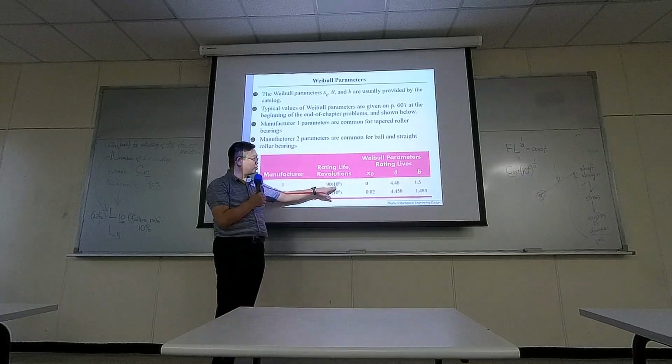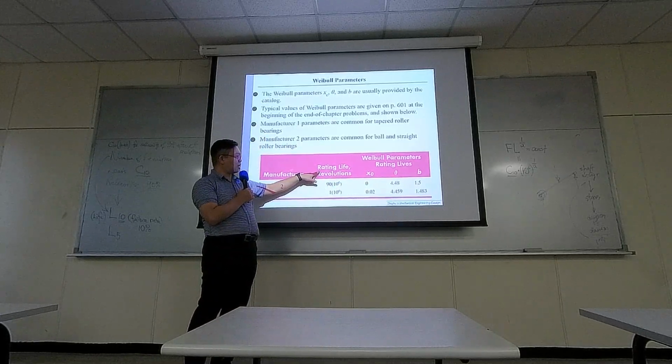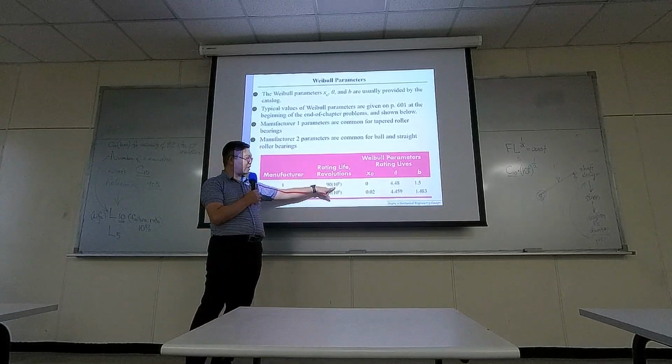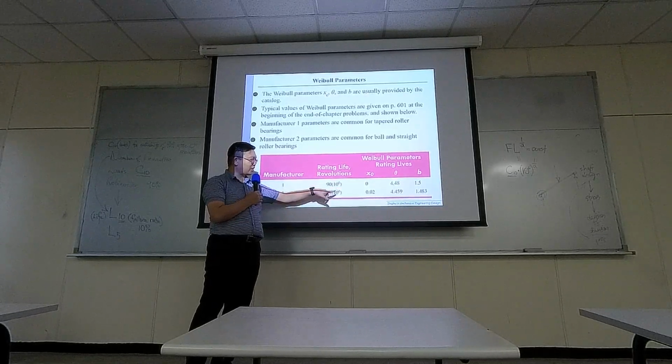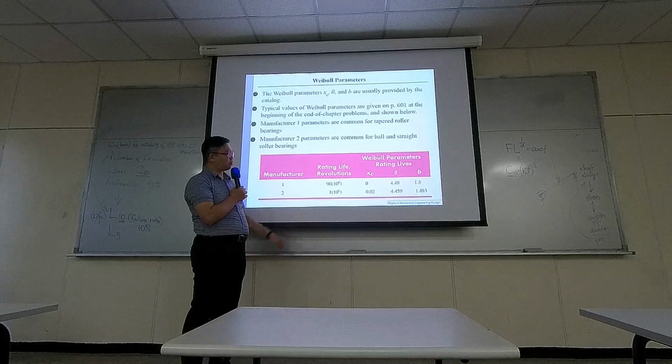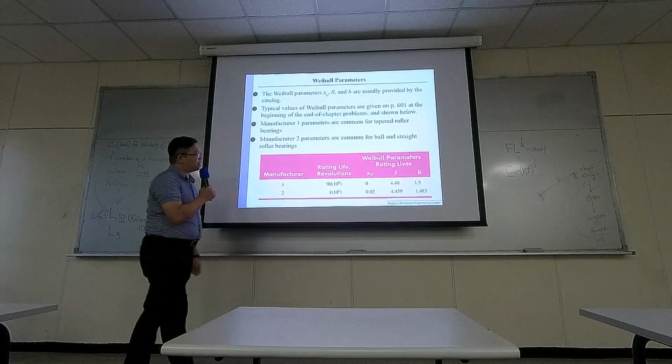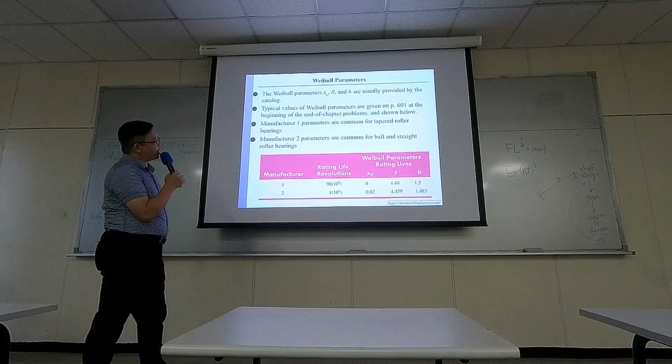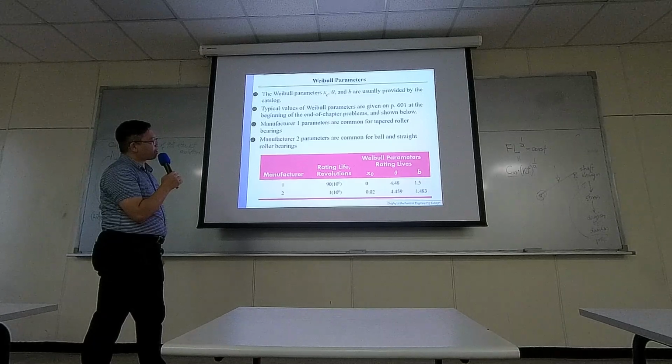And it's telling you the rated life at 10 to the power of 6 equals 90, so basically should be 90%, I think. Yeah, 90%.